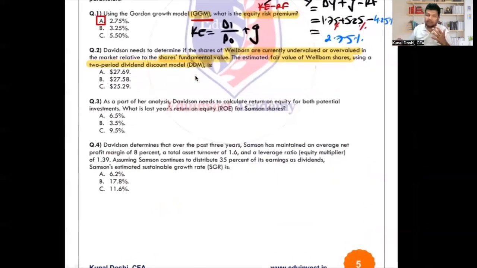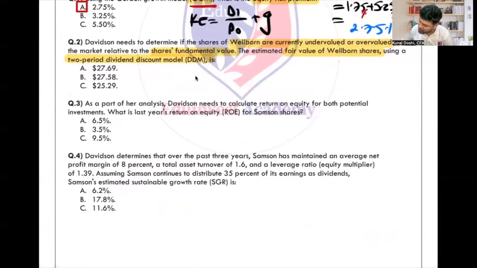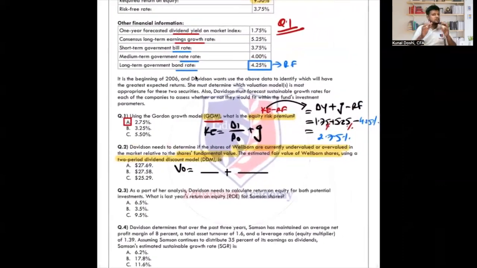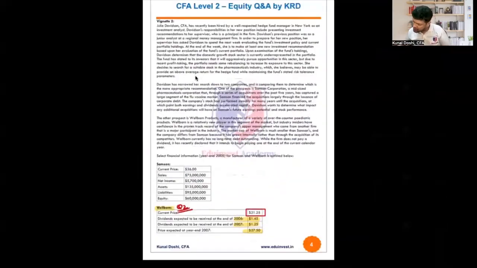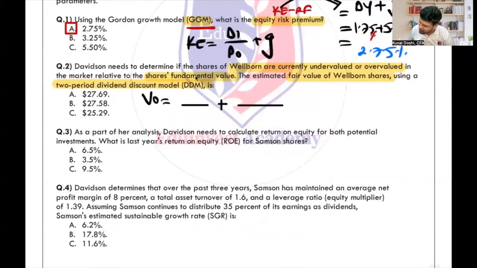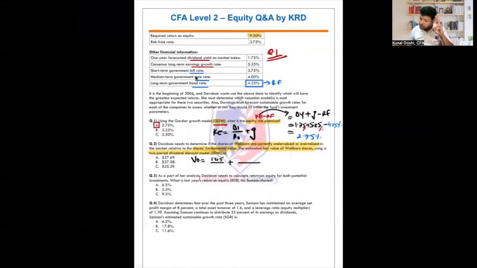So two-stage dividend model, very easy. Can we find out the price, everyone in the class? What is going to be my V0? I have dividend in first year plus dividend and price and the discounting rate, which is 9.5. You can use the cash flow function also. In the cash flow function, you can use 1.45 as C01, and in C02, you will use two things.